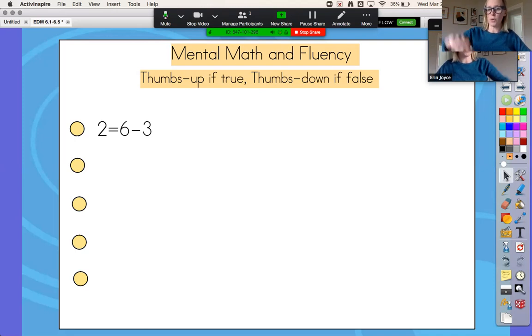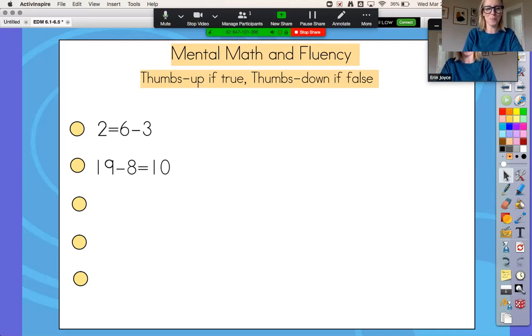Now, I'm hoping most of you are giving me a thumbs down. That is not true, because if I start with 6 and I take 3 away, watch me, 1, 2, 3, I am left with 3 fingers still in the air, and 3 is not the same as having 2 left. So I know that 6 minus 3 is not the same as 2.